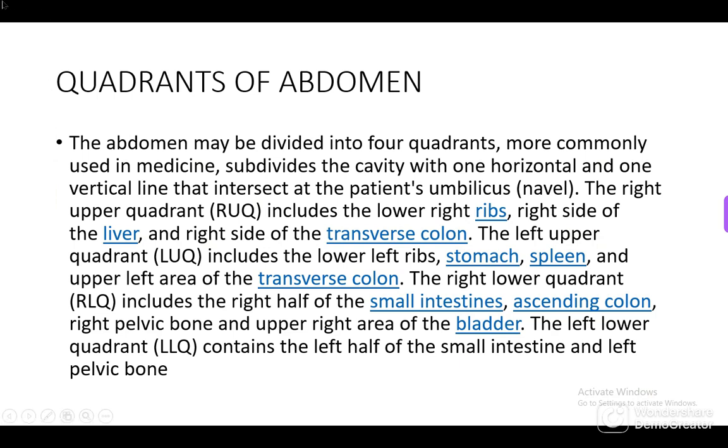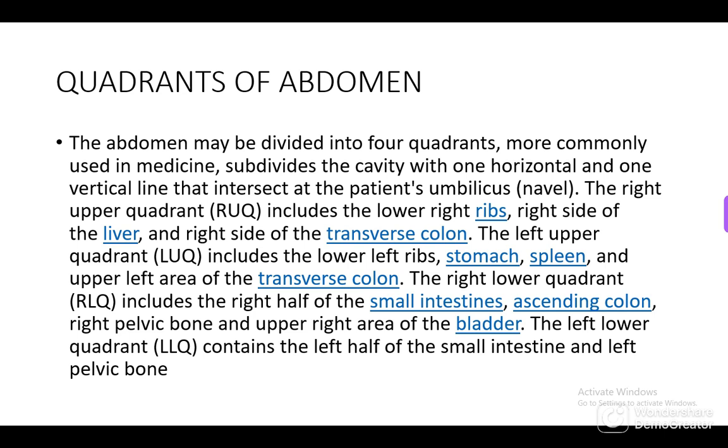Now, the abdomen may be divided into 4 quadrants, as I already said: upper, lower, right, left. Somebody can ask you what the contents are, as far as surface anatomy is concerned, or more specifically, of the regions divided into 9 regions.